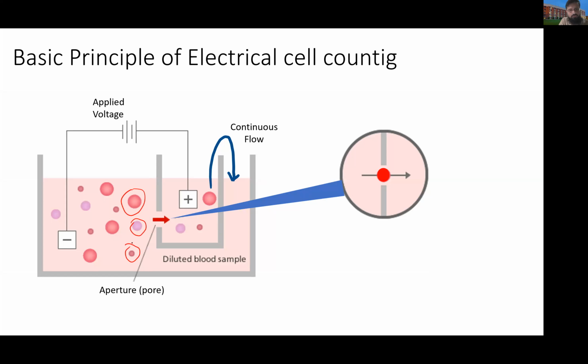So what you will do is place a voltage source. One end will be in the inner container, and the other end will be in the outer container, and you will force these cells to pass through a very tiny aperture, which you can see here.